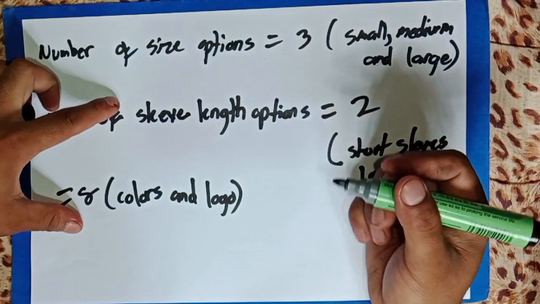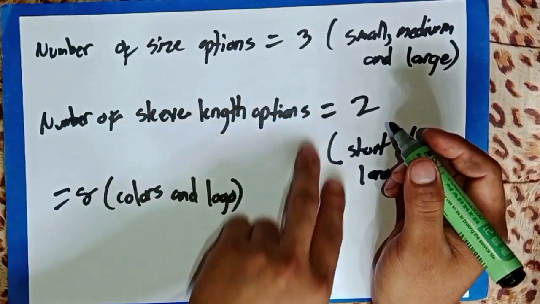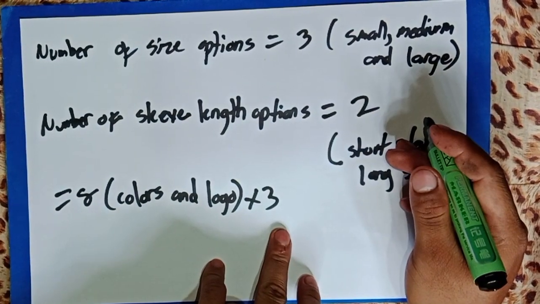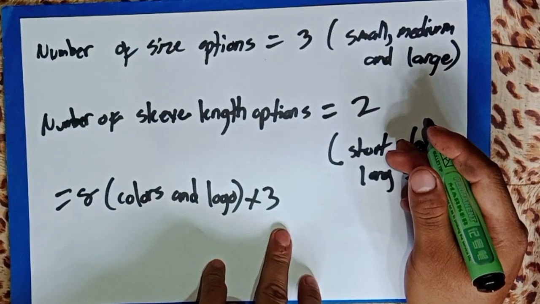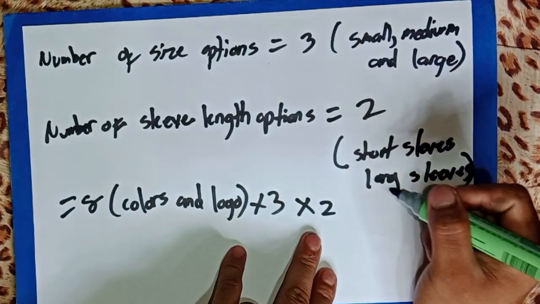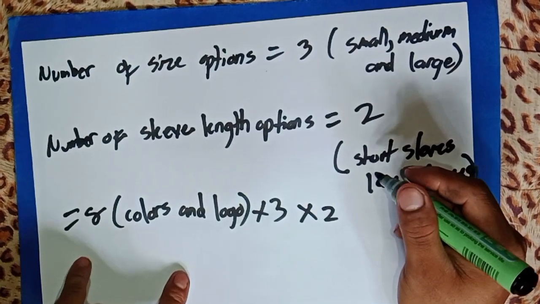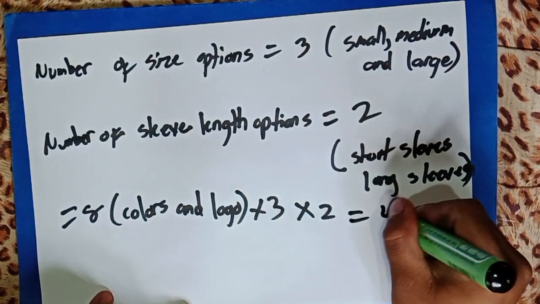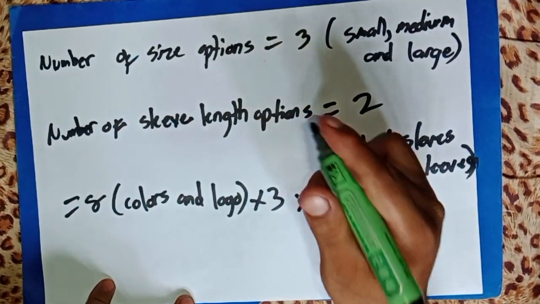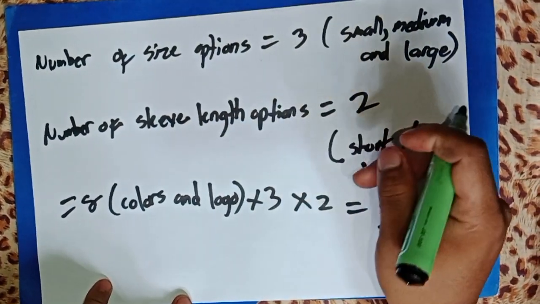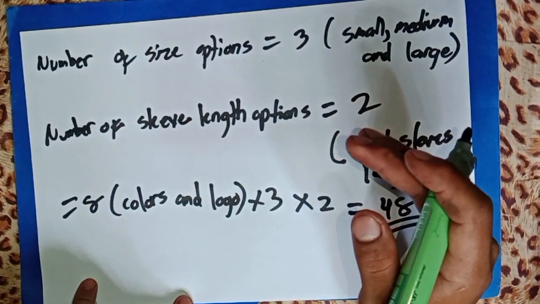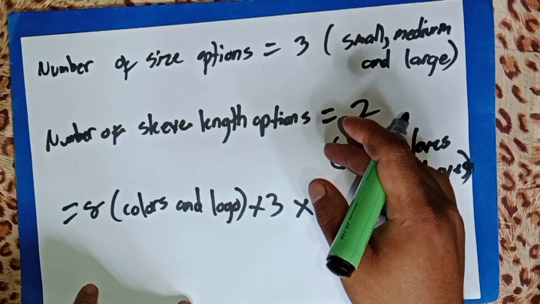Multiply this by the size options, times 3, and the sleeve length options, times 2. The total is equal to 48. Therefore, there are 48 different ways to design custom t-shirts considering the options for size and sleeve length.